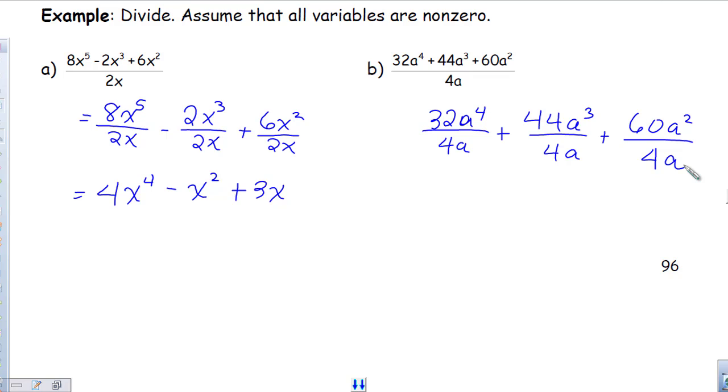All right, then we reduce from there, so we get what? 8, okay, 8a cubed plus 11a squared plus 15a.